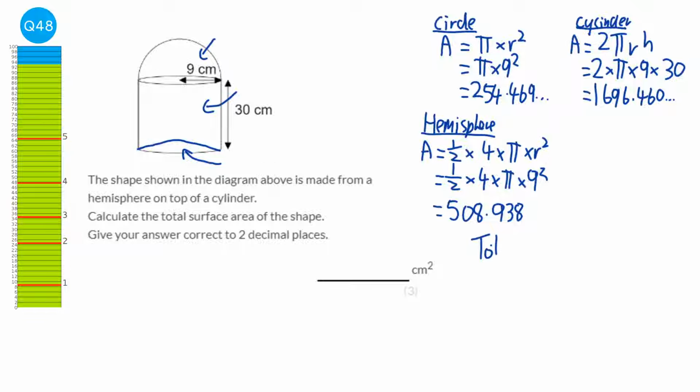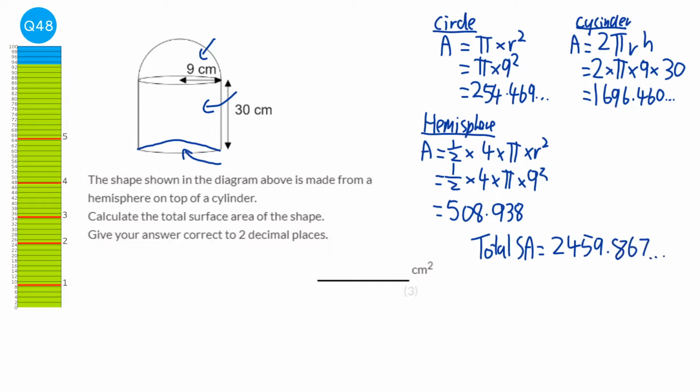And so the final thing is to work out the total area. So total surface area, and we're just going to add up all these numbers together. So we add up the 254.469, the 1696.460, blah blah blah, and the 508.938, blah blah blah, and we get 2459.867, blah blah blah.